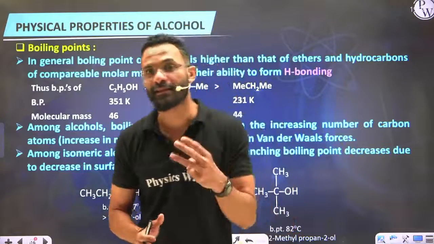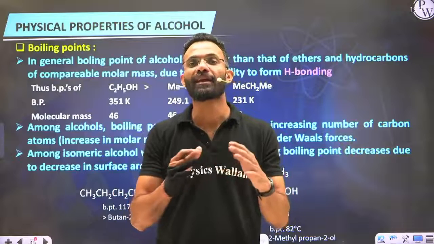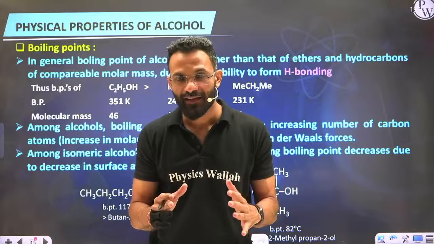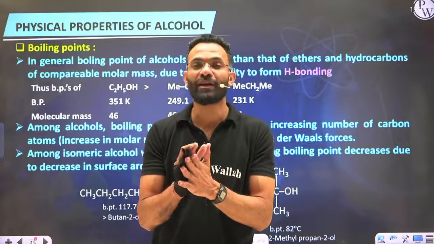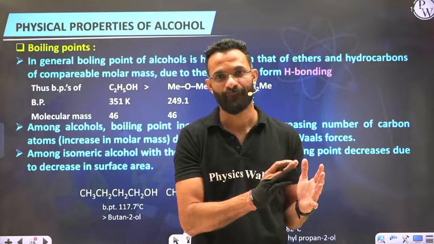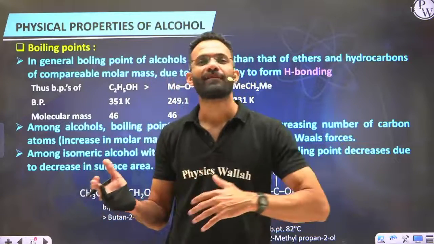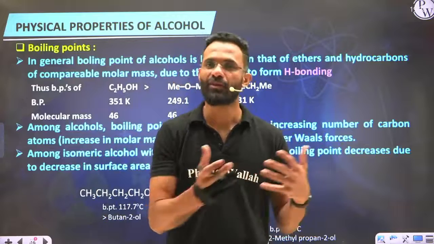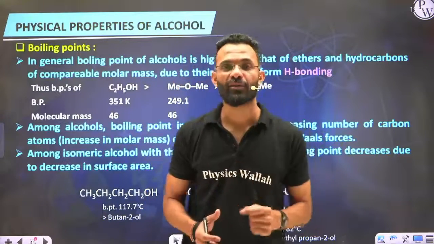And the third thing, we will compare the boiling points of isomeric alcohols, meaning now the functional group is identical, the molar mass is also the same, the only difference will be the branching in the hydrocarbon part. For example, let's say we have n-butyl alcohol, then probably sec-butyl alcohol followed by tert-butyl alcohol, like that. Alright, so let's talk about the boiling point first.